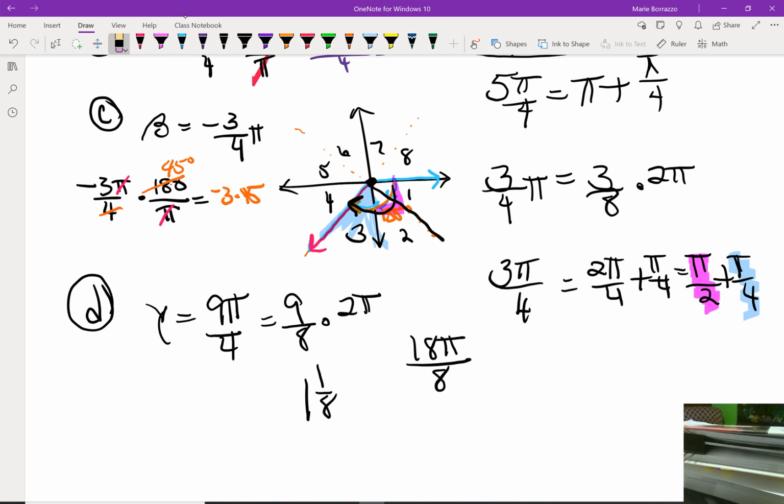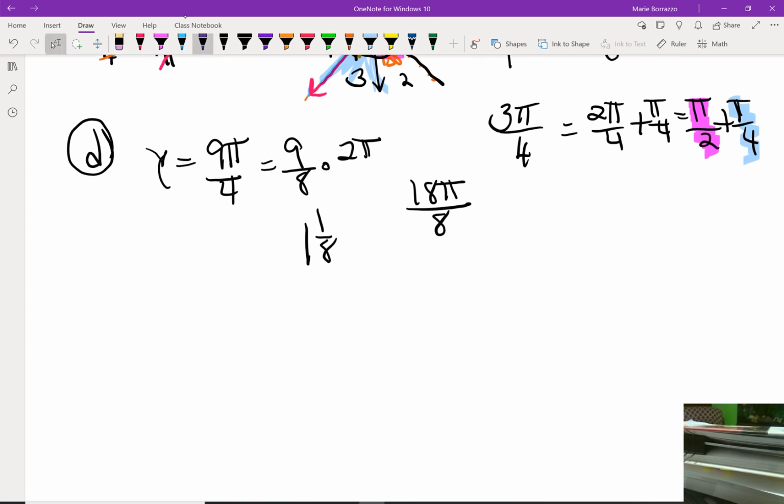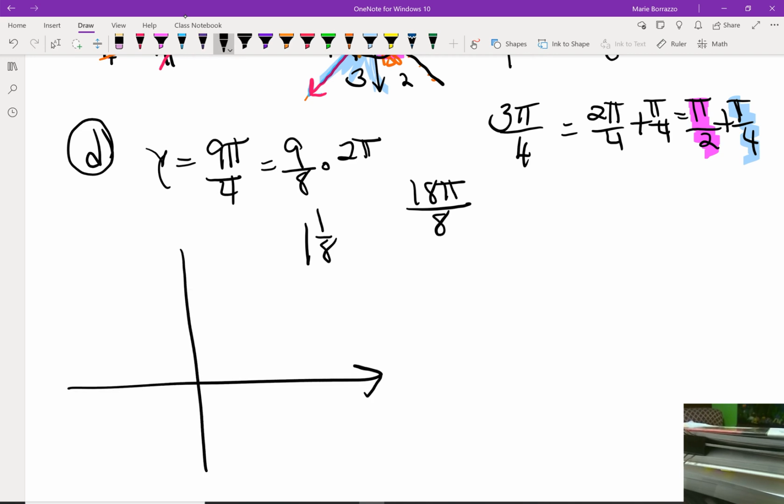That's a full rotation. And I have 2 over 8 left over, which is a quarter. So if I'm looking at this, think about it. I'm starting on the initial side. I'm going to go 1 full rotation and a quarter. I'm here.